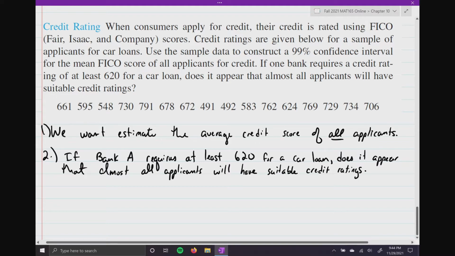All right, so here's what's happening here. You own the company. I don't care what company it is. We're going to call it Car Sales Owned by You. And you've noticed that over the course of, let's say, a year or 2 years or 5 years, you've been accumulating this data on people's credit scores. And you want to first estimate, well, what is the average credit score of all our applicants?